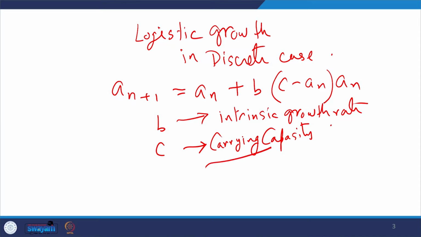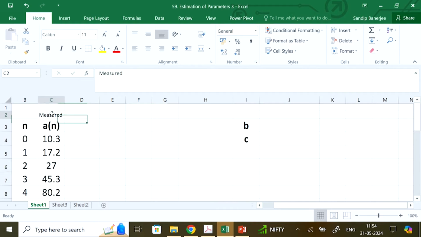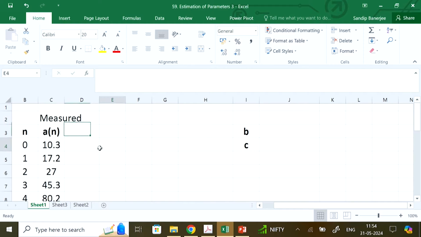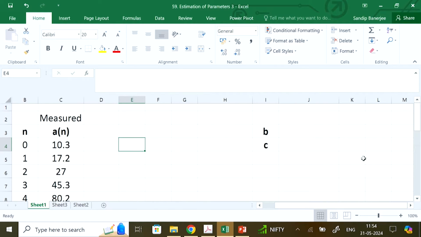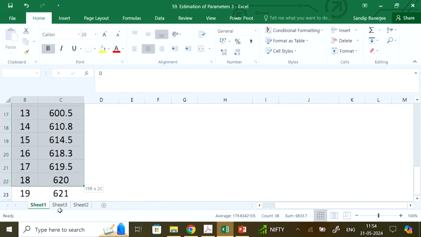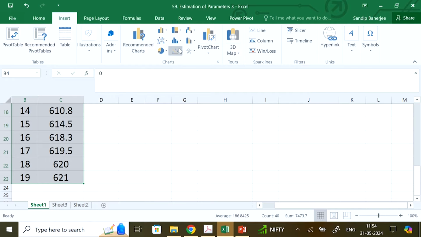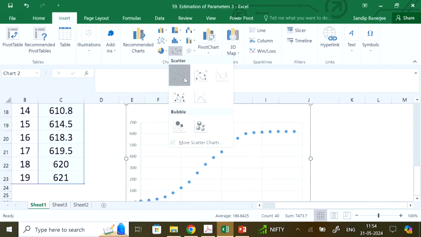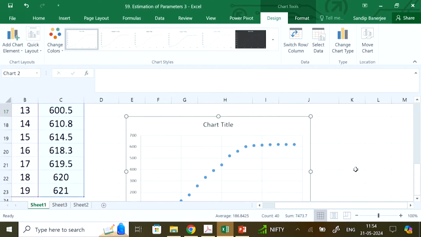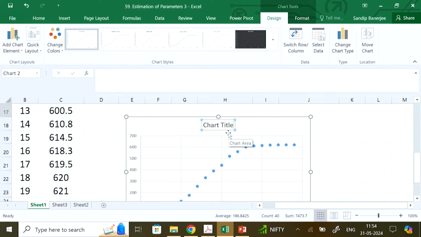So, let us go to the data. This is the measured value of some growth data. Let us first see how this graph looks. So, this is the graph. I just see this is some growth curve.